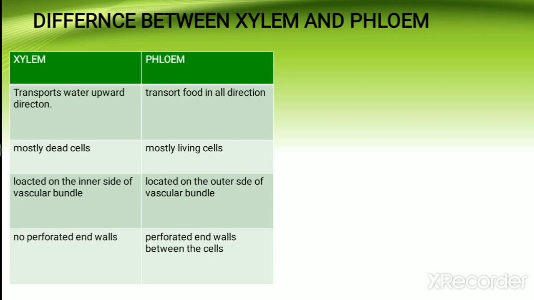Parenchymatous cells are living cells, and except for that, the vessels, tracheids and fibers will be dead at maturity. So they comprise mostly dead cells. But in phloem all the cells are living cells except the fiber. Fiber will be dead in phloem also. So xylem comprises mostly dead cells and phloem comprises living cells, and xylem is located on the inner side of the vascular bundle, and phloem is located on the outer side of the vascular bundle.